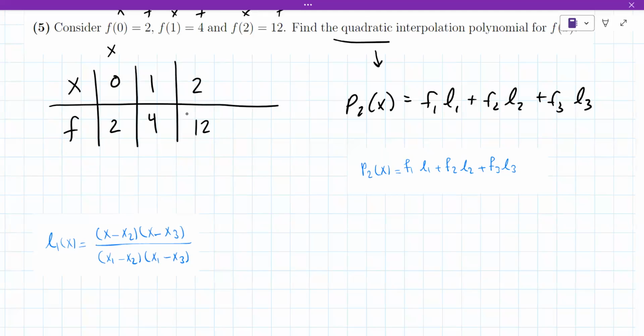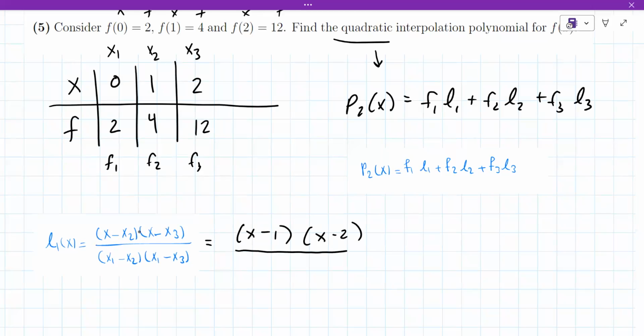So this first one is X1, X2, X3, and this is F1, F2, F3. Notice that to find L1, on the top you use the ones you don't have. So it's X minus 1, X minus 2 over X1 minus X2, X1 minus X3.